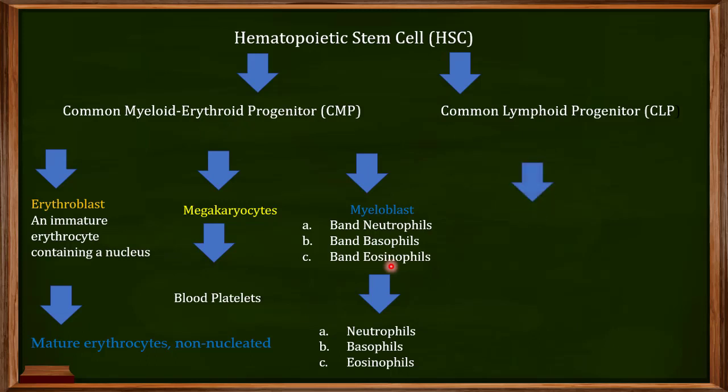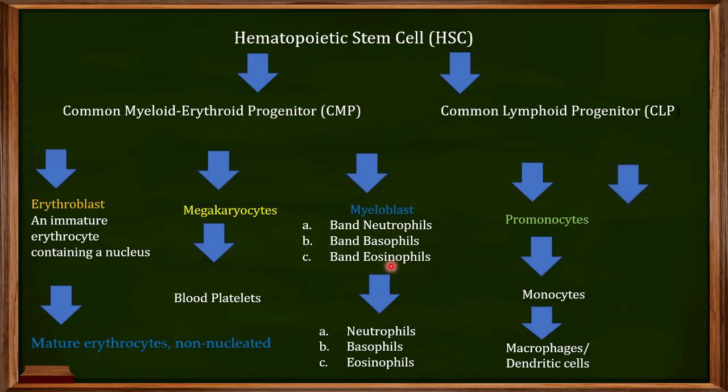The fourth type of cell that is produced from the CMP was the promonocytes, which are actually the immature monocytes, which get converted into the mature monocytes. And these mature monocytes are actually like the macrophages or the dendritic cells. The last type of cell that is produced from the CMP was the mast cell precursors, which gave rise to the mast cells, which are very important in the allergic reaction.